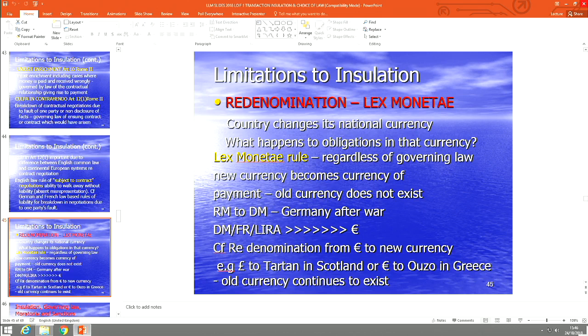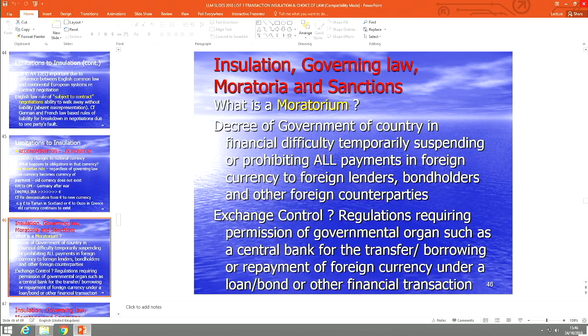So if you choose New York law, the Lex Monetae rule would be applied under New York law. You choose German law, the Lex Monetae rule would be applied under German law. Thank you. That was a very good question. I was going to deal with it at seminars, but you raised it, so okay.